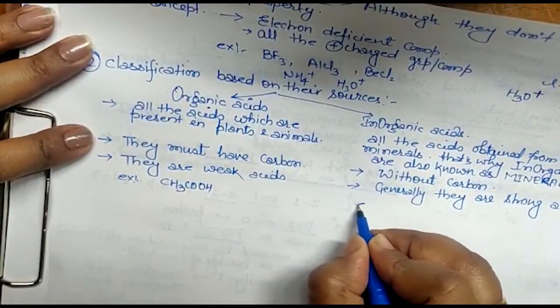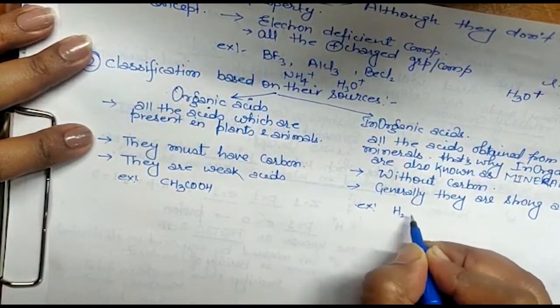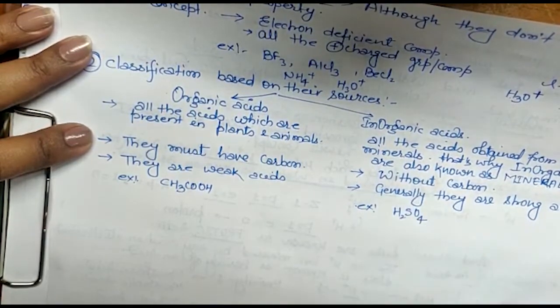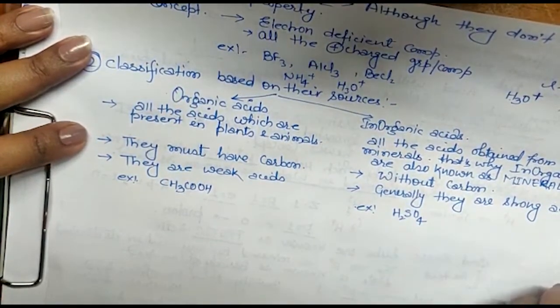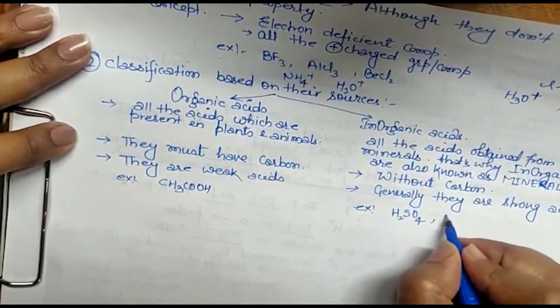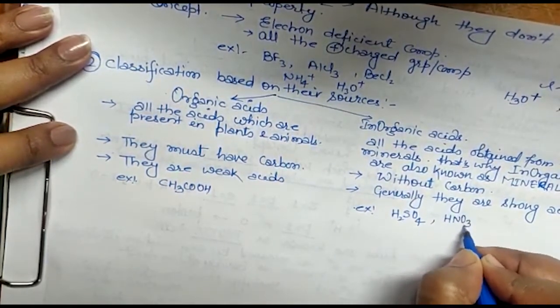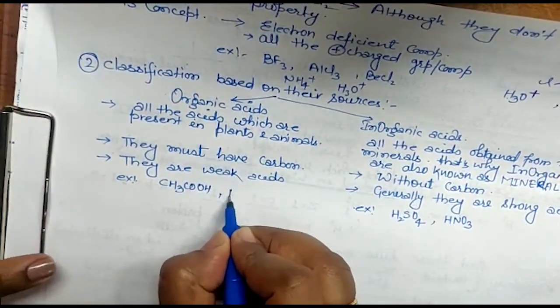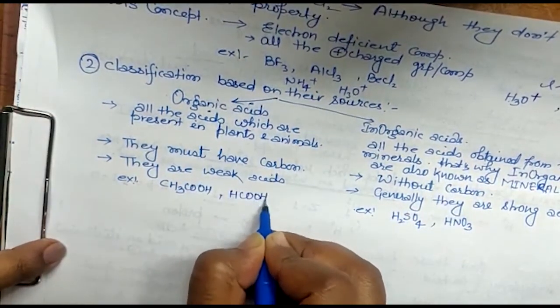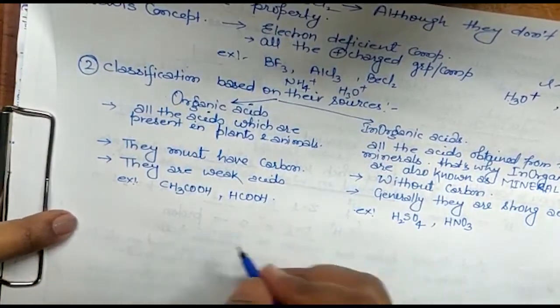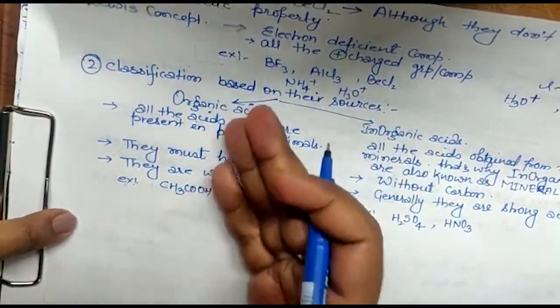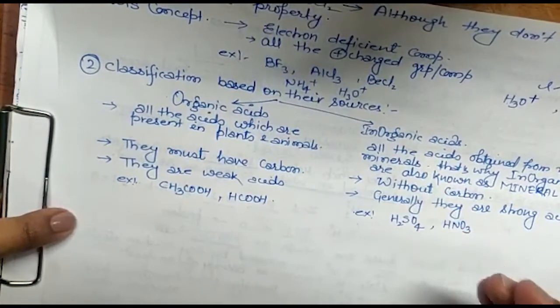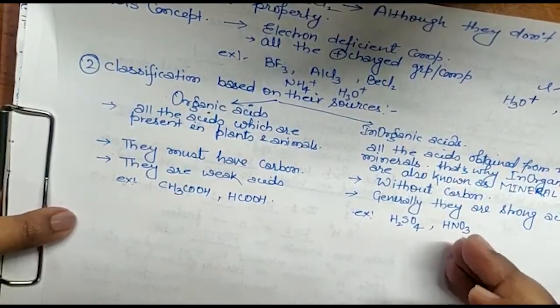If we take an example like H2SO4, can you see the carbon over here? No, so it is an inorganic or mineral acid. Like HNO3, is there carbon? No. In this example, like HCOOH, so these are all weak acids, organic acids, and these are mineral acids, inorganic acids and strong acids. Got it?